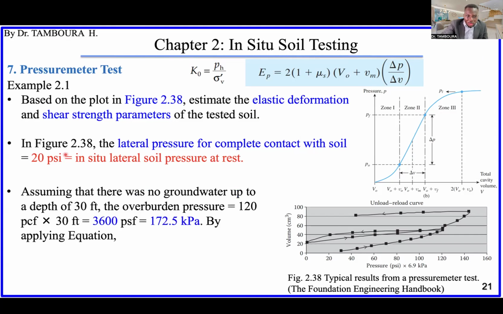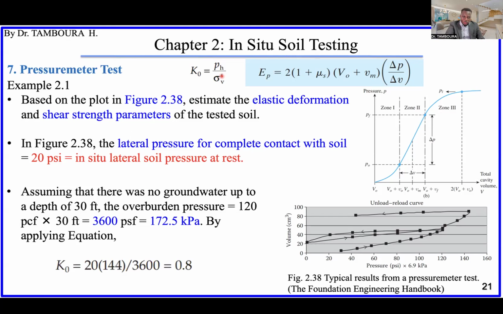Okay, so if we assume that there is no groundwater at this depth, we can calculate. Do you remember the depth is 10 meter, about 30 feet? So we can calculate the vertical effective stress by using just the depth and the unit weight. So we are trying to calculate this.